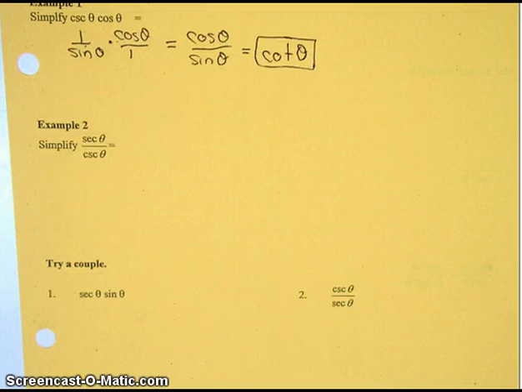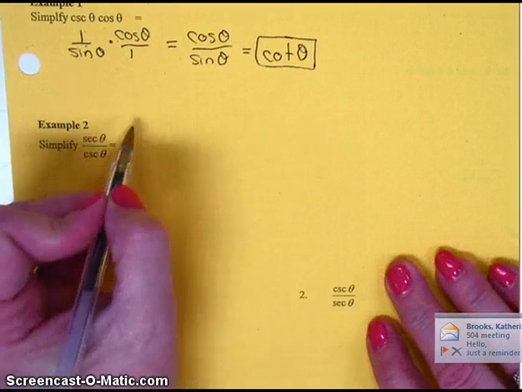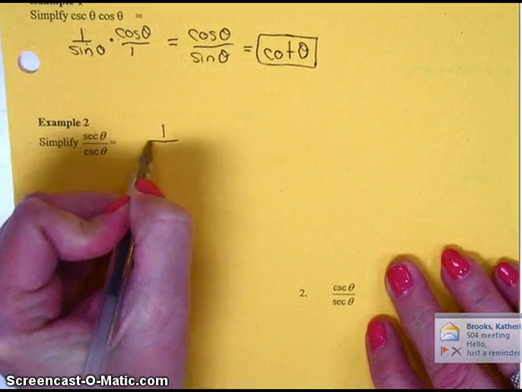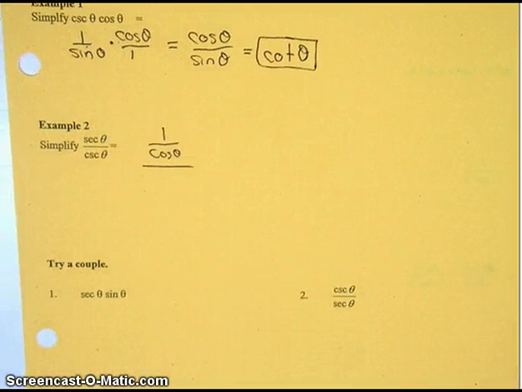Anybody see anything we could replace secant theta with? See, that secant is 1 over cosine theta? Very good. Let's write that. 1 over cosine theta over, and I never leave cosecant either.